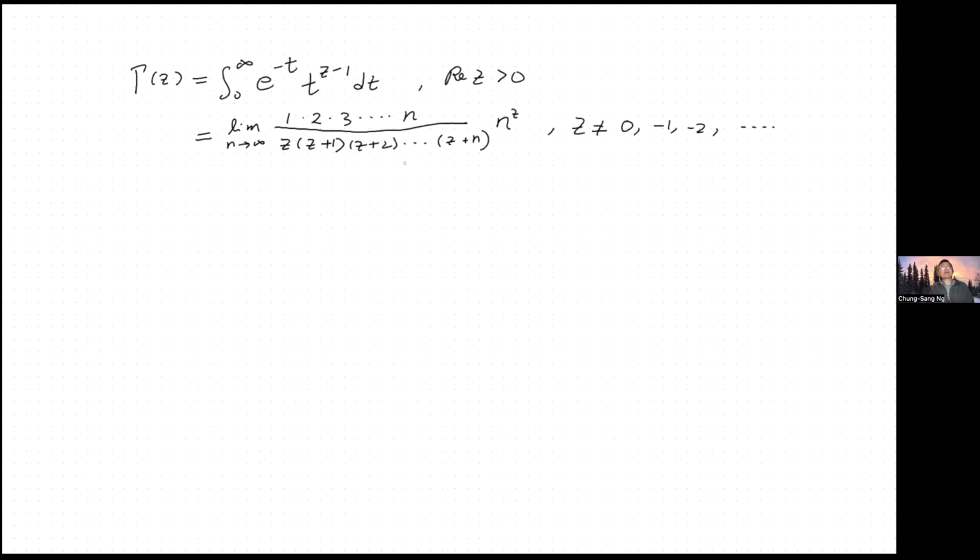Another thing, you can see that there's no zero. Gamma cannot be zero, because the numerator cannot be zero. We'll see another form in a minute that 1 over gamma is a so-called entire function, not singular except at infinity. So that's one property.